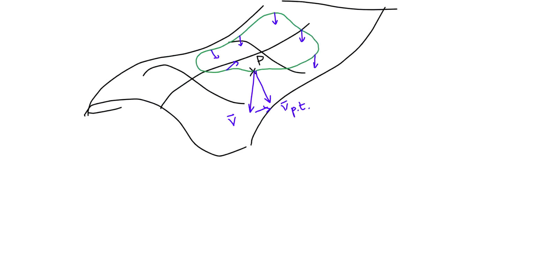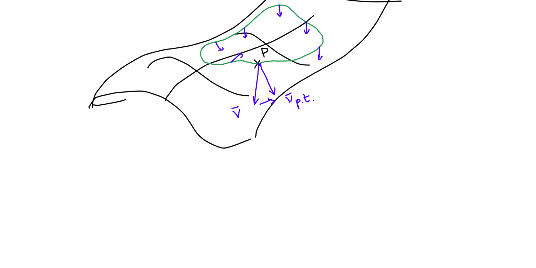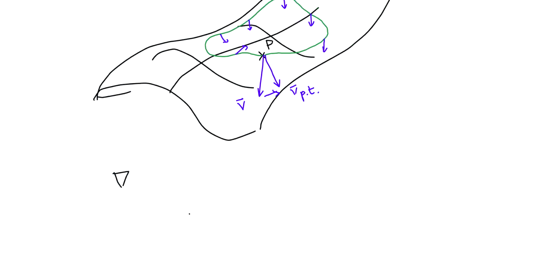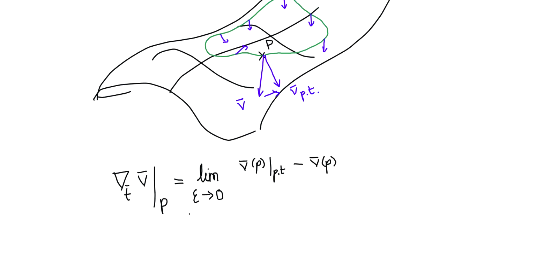So mathematically, we will write this as follows. The covariant derivative of my vector field V, in direction t at point P, is equal to the limit of epsilon going to 0 of V at point P parallel transported minus the initial vector at point P, divided by epsilon.